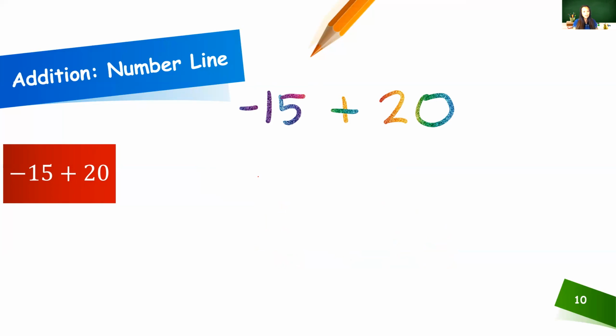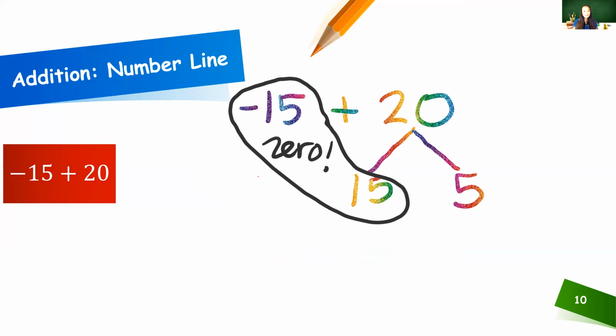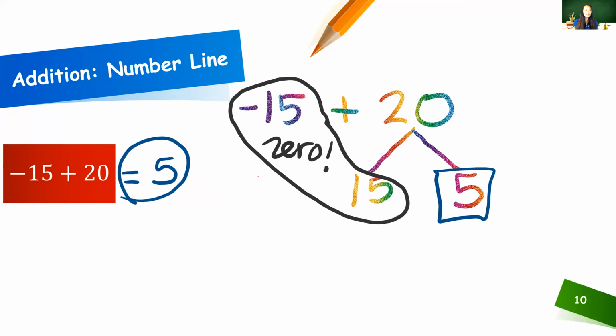So -15 will need +15, the same amount of positive and negative to be 0. So I'm going to break 20 into 15 and 5. Now I have -15 and +15, which will be neutralized, meaning that will make 0. And I have 5 left over, 5 positive. So -15 plus 20 is +5.